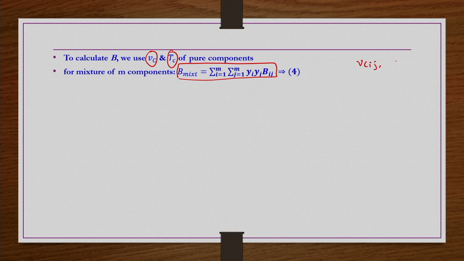Again, the cross virial coefficient you can find using the same McGlashan and Potter correlation, but you have to use appropriate Vcij and Tcij if you want to calculate Bij, and without Bij you cannot use this equation, right. For that Bij you have to find Tcij and Vcij appropriately, because for Bii or Bjj, which are for the pure components, the critical temperature and molar volume are available.